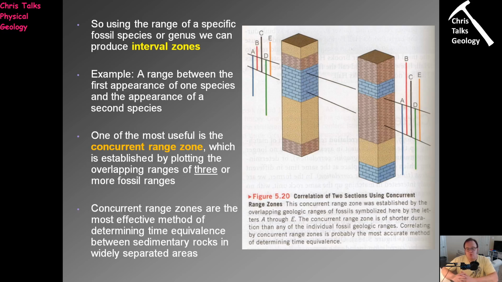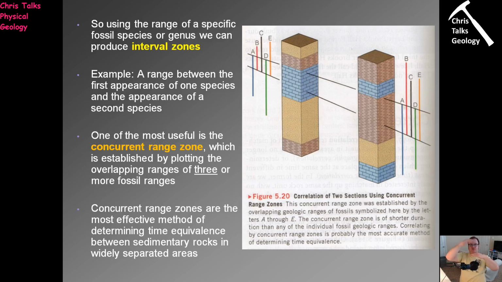So when it comes to fossils, we use fossils to produce what are referred to as interval zones. An interval zone is essentially when we use a specific range of a fossil species to produce a period of the rock record. So we say, right, fossil A appears here, fossil B appears here.